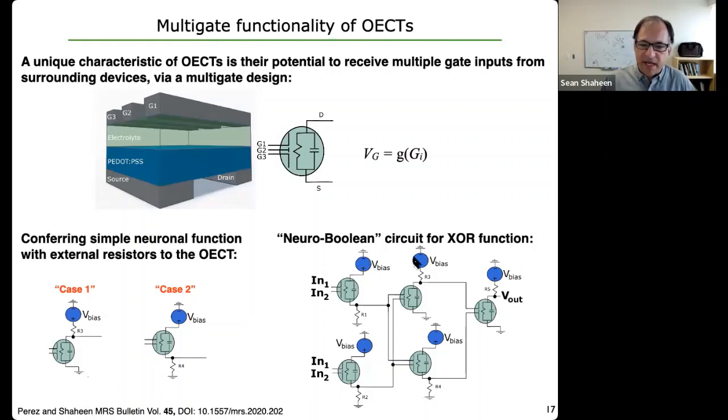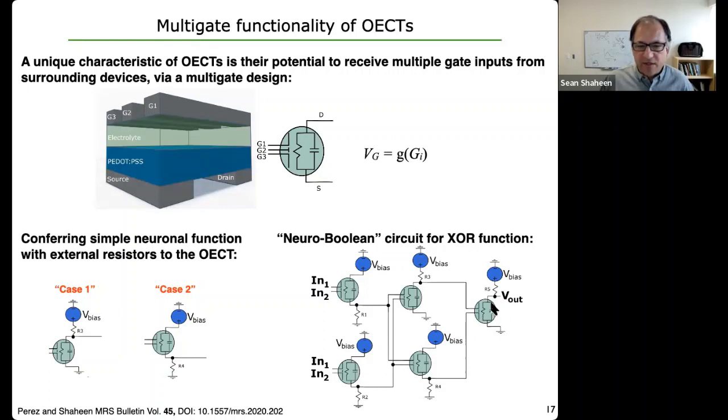The smallest length scale would be a neuronal one, where we could have an array, or if you want, a reservoir of 5 transistors, 5 OECTs, operating as a very small neural network to produce a Boolean function. In this case, we made an exclusive OR function from these 5 OECTs.